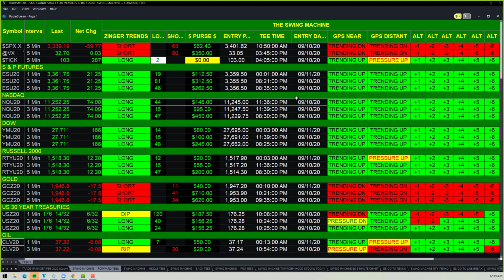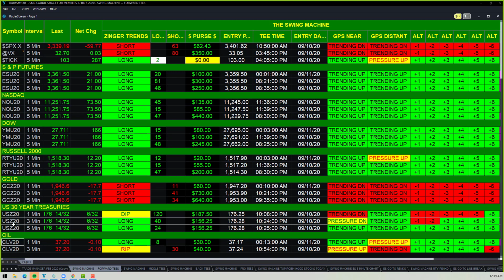Many of you, and certainly our members, are very familiar with Swing Machine. You might think of it as our customized ticker tape. It's how we measure what's going on with the market in real time. If you look here, this is the ES futures on a 1 minute interval, 3 minute, 5 minute, NQ 1, 3, 5, and so forth.